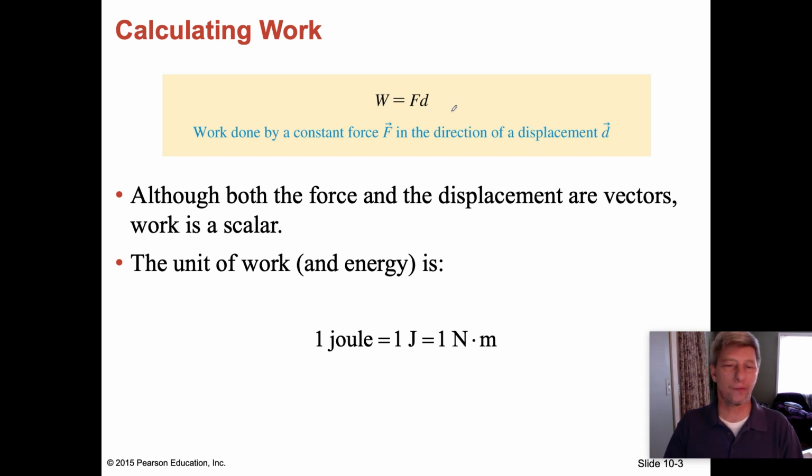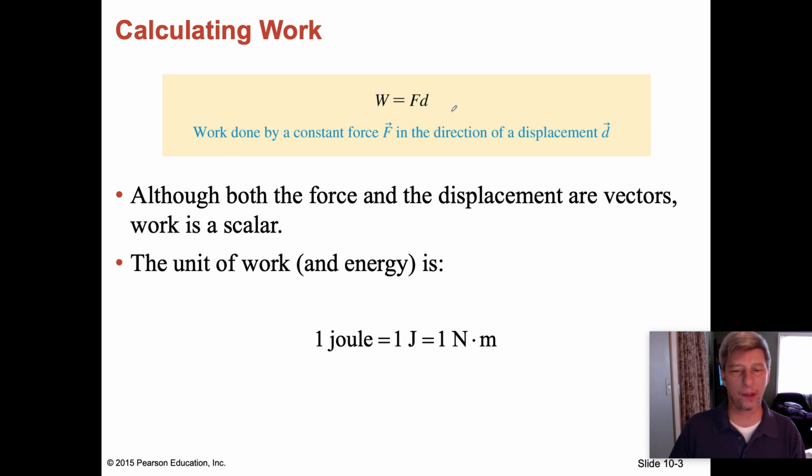The unit of work, and therefore of energy, is what we call a Newton meter. That makes sense if you think about it: a force times a displacement is a Newton meter. However, by convention, somebody decided that we would name the unit of work after James Joule, the famous physicist.